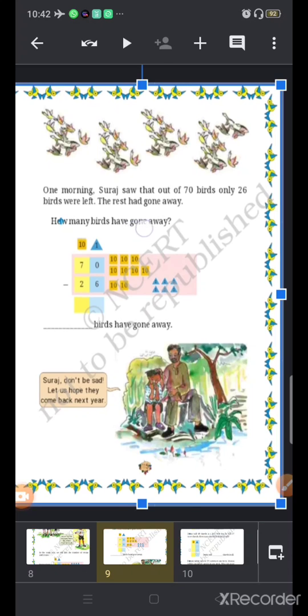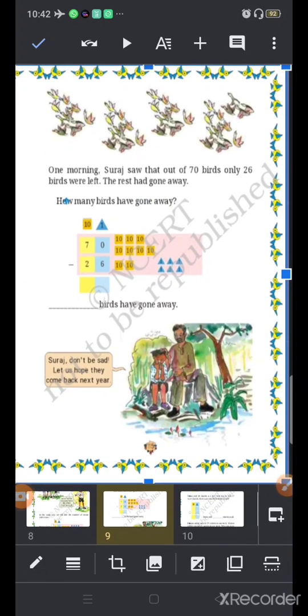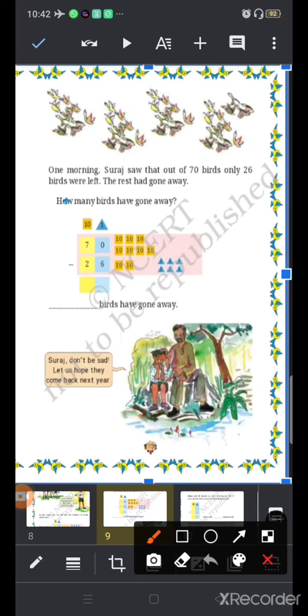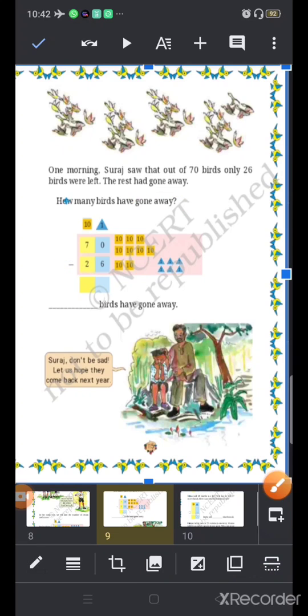Gone away means this is a sum of addition or subtraction? What is written here? Gone away. It means this is a sum of subtraction, isn't it? The sign is also given here. So, how many total birds are there?